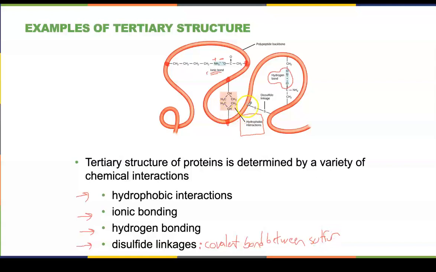So there are amino acids that have sulfur as part of the R group, and sulfur is able to form a covalent bond with sulfur. And so here we have two sulfurs covalently bound together. Remember, that's a strong interaction, and so that could anchor this loop in place, for example. So the sum of all of these interactions will determine the tertiary structure of a single polypeptide.